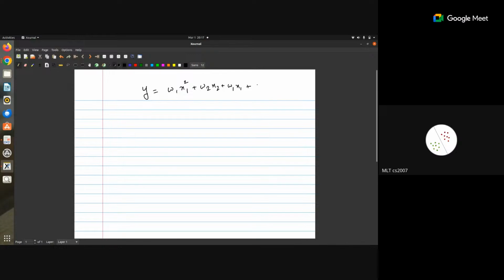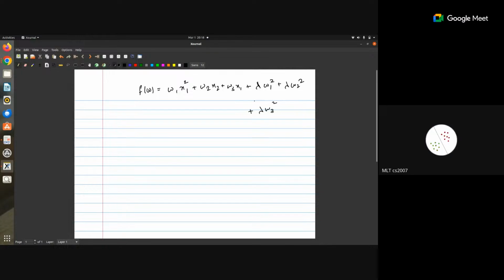And what we generally do is add some lambda, and this entire thing is a function of W. It is square, because W is a vector. Basically, if I wrote it down, it would be lambda W1 square plus lambda W2 square plus lambda W3 square.